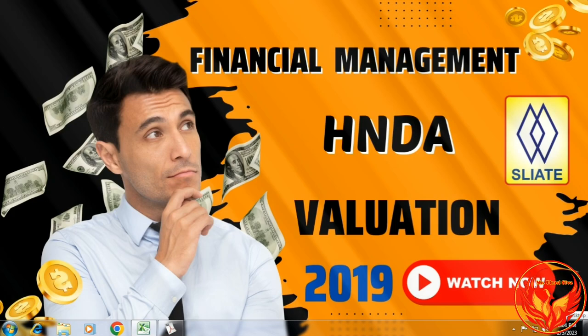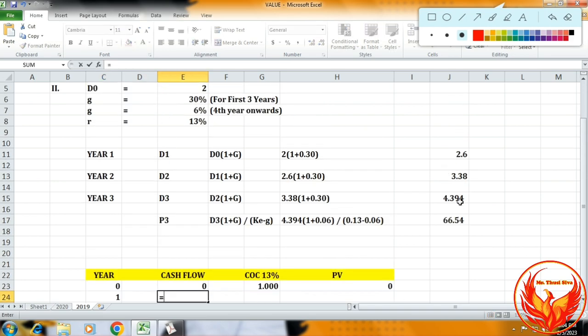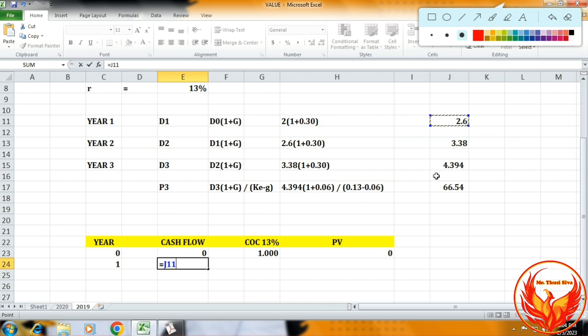In year 1, the cash flow we have calculated is 2.6 rupees.